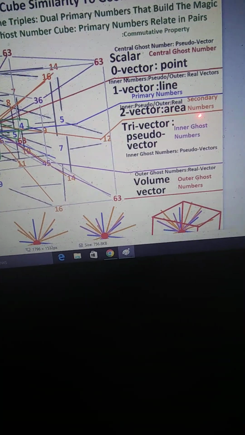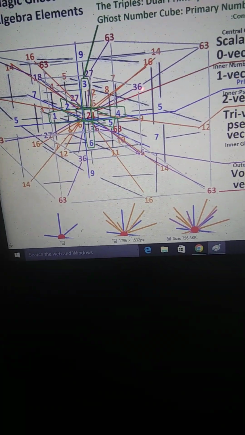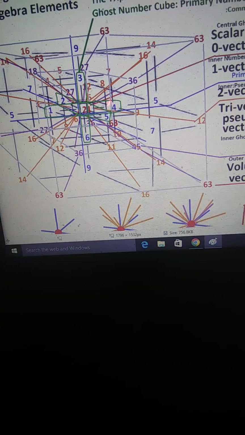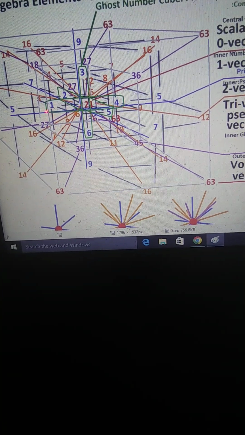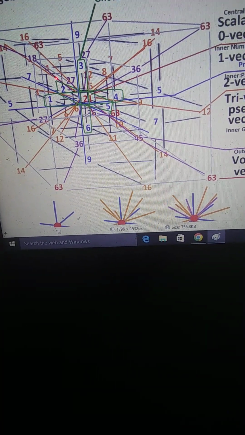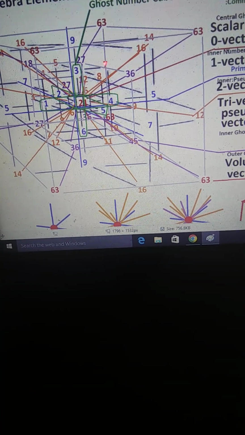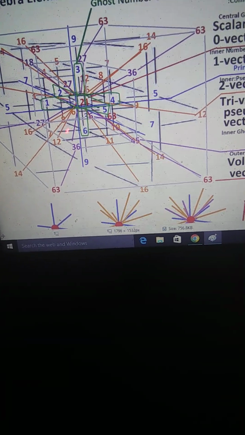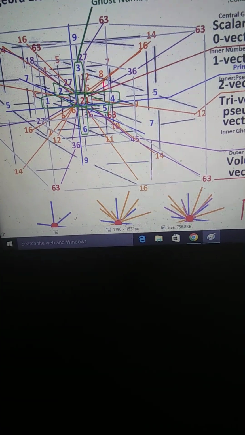So orange lines, they're the secondary numbers at the corners that, in this case, add up from the primary numbers to the corners. And those are the area vectors, or the bivectors.